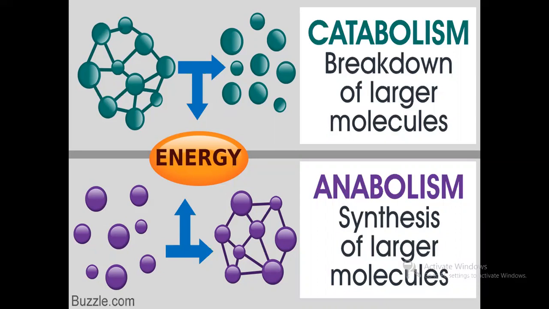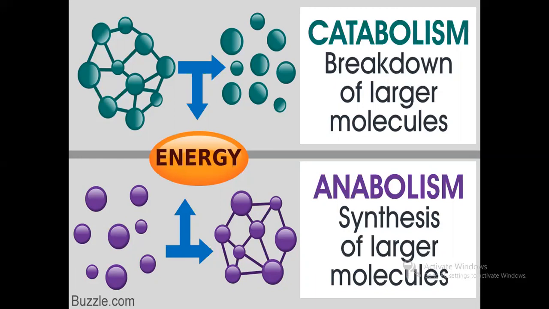It is a degradative phase of metabolism where the complex molecules are broken down into simpler ones, and these simpler small molecules are in turn taken up by the anabolism phase, which combines those smaller molecules to give rise to bigger molecules.